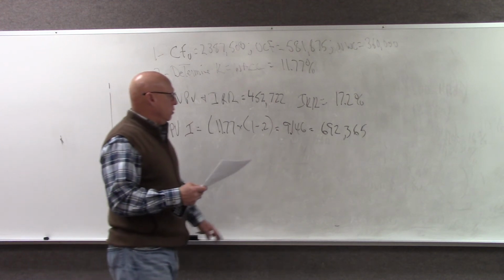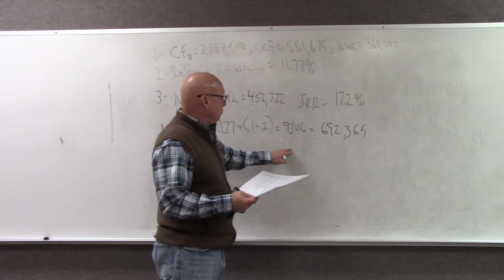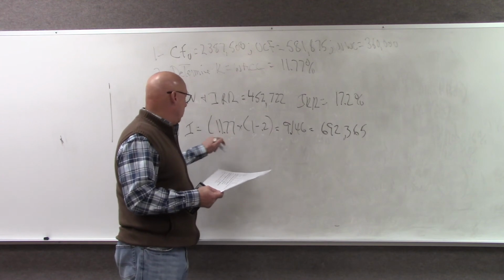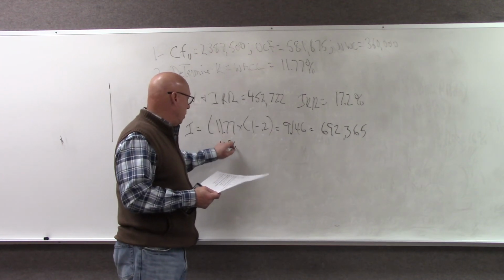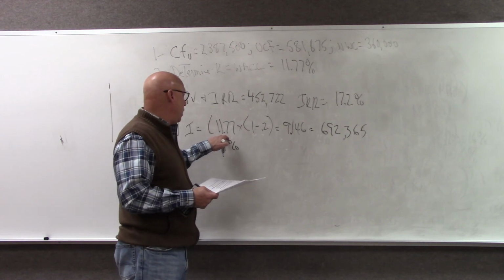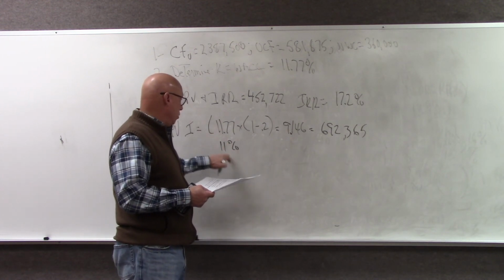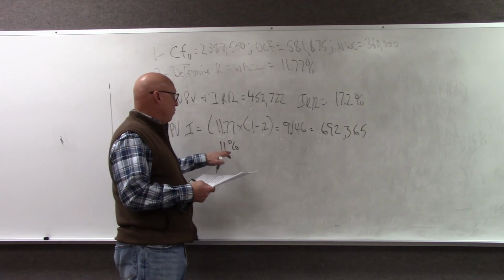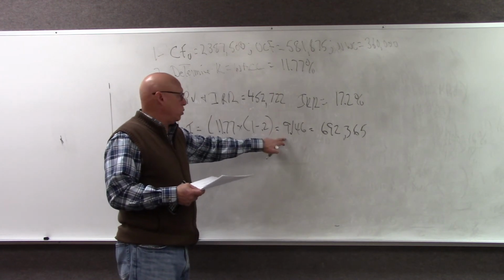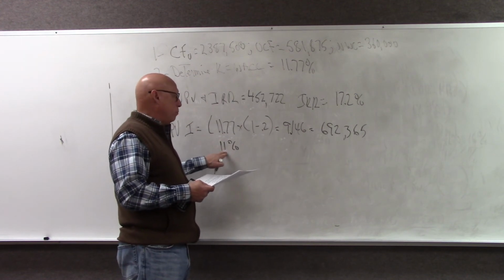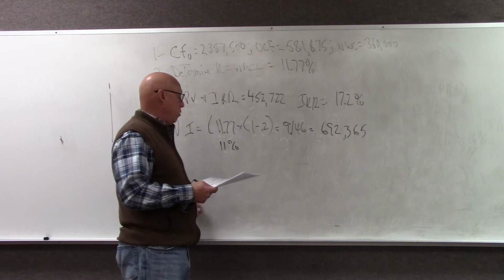Now let's say that our internal rate of return had been, let's say, 11%. Well, without changing our discount rate, we wouldn't do the project. 11% is less than 11.77%. But if our discount rate goes down to 9.146%, well now our internal rate of return of 11% is higher than our new discount rate.